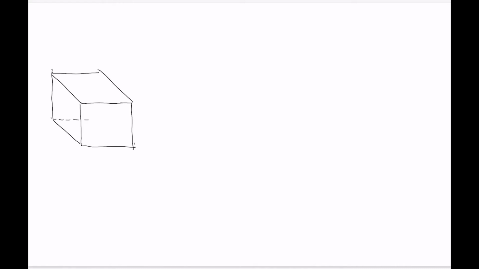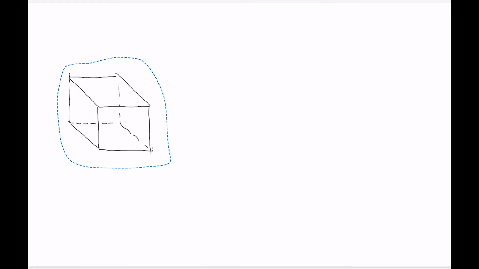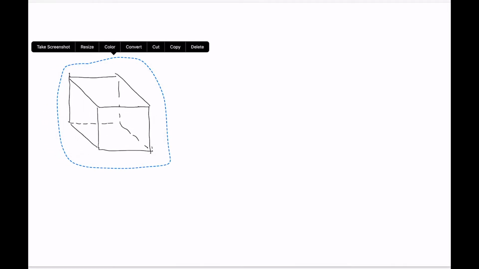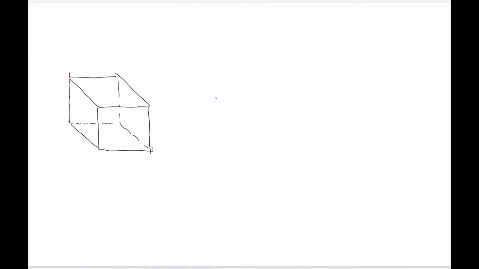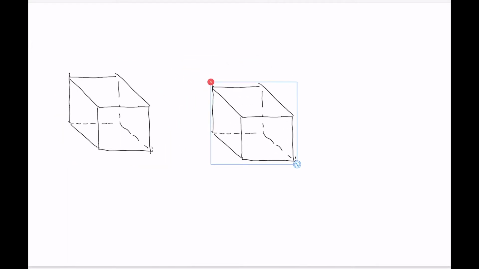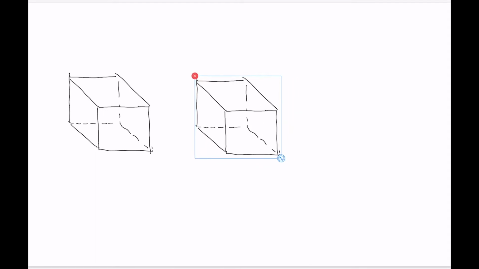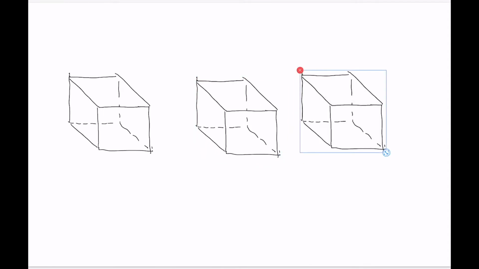There we go. Like this. And we'll shift it over just a little bit to give us a little bit of space on the page. And then I'm going to make a couple of different copies of it. So let's paste it there again. And let's paste another one over here.